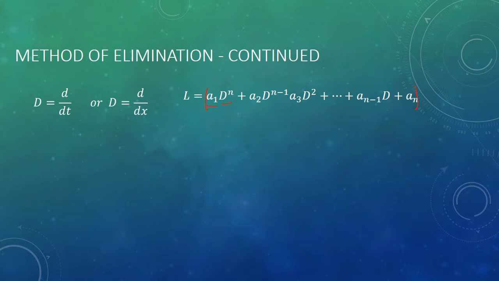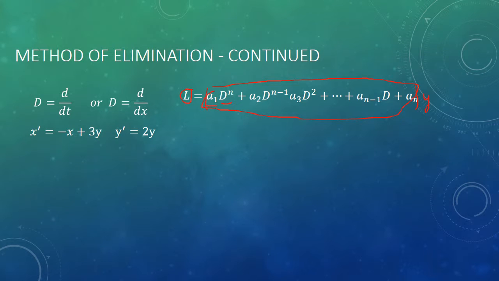So I could have my y out here, and this would tell me that I have an nth order differential equation. Instead of writing this whole thing out, all I have to do is write this simple L.